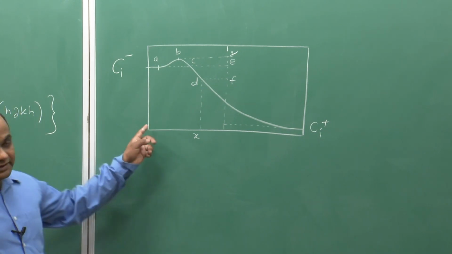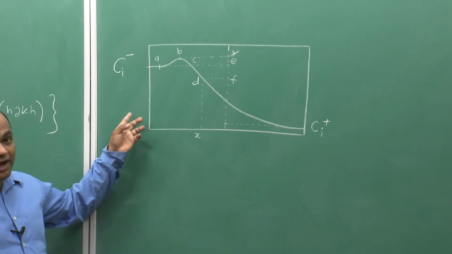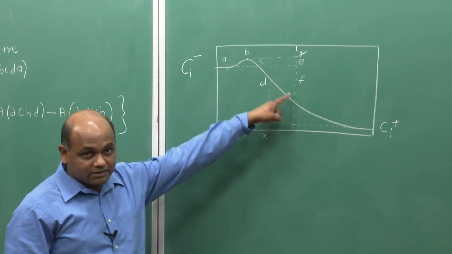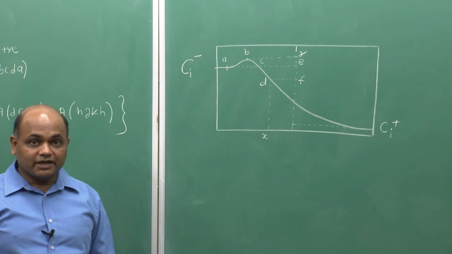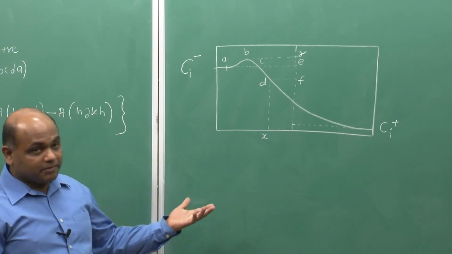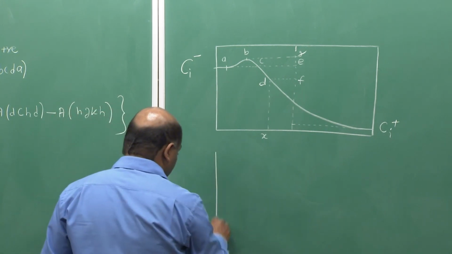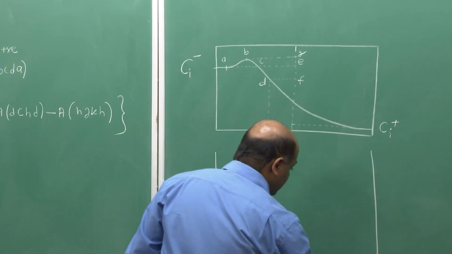So, let us consider another concentration profile, and as shown here there is a maximum developed on this concentration profile. What would be the nature of the interdiffusion flux profile here? Let us try to assess that.